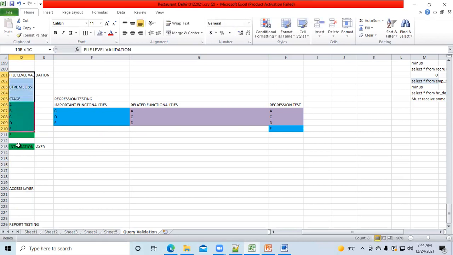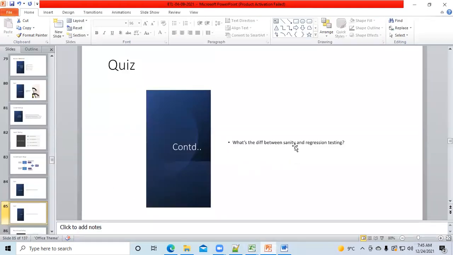And from here till here, you should test that if you have any data in the file, that data from file is coming through all these stages and it is reaching this report or not. That is end-to-end testing. Okay, fine. This is like sanity and regression testing.